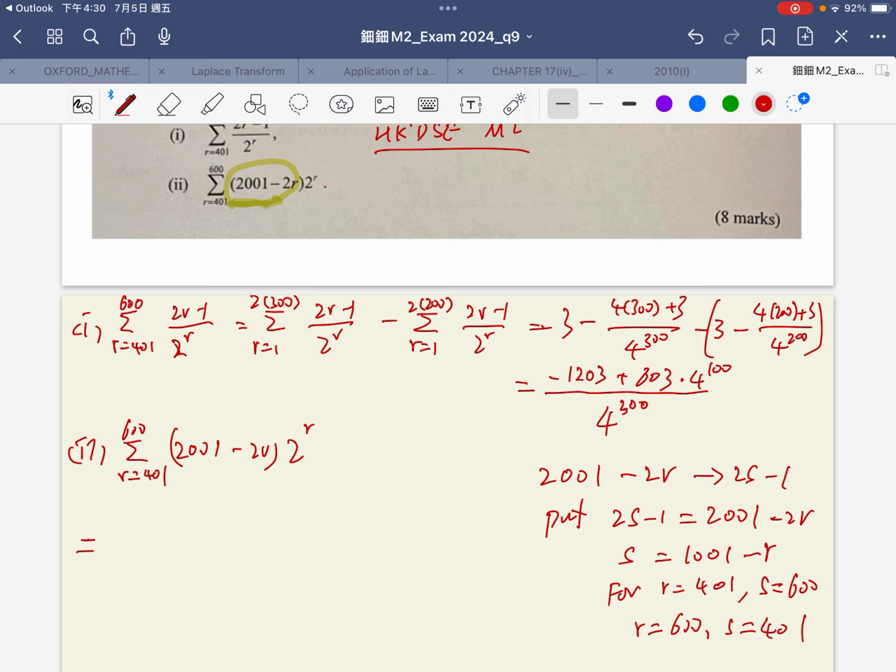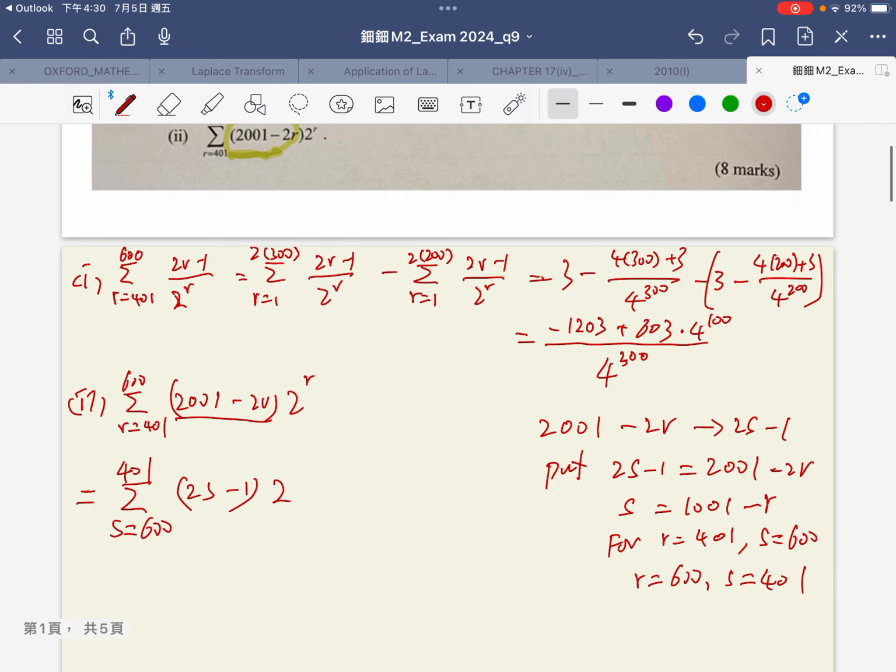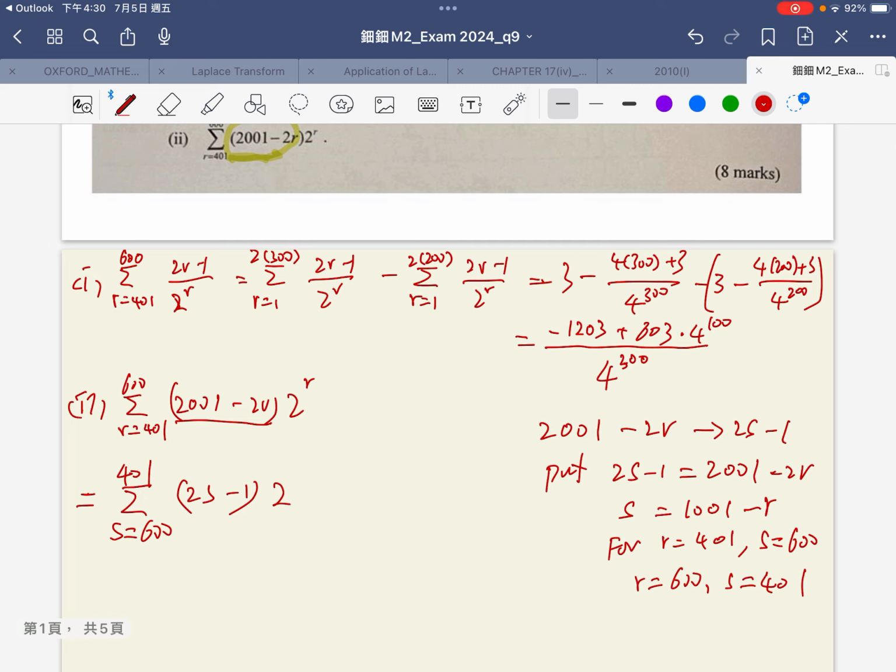You only change the upper limit and lower limit of the summation. Therefore, s goes from 600 to 401, and this term is equal to 2s minus 1, and r is 1001 minus s.